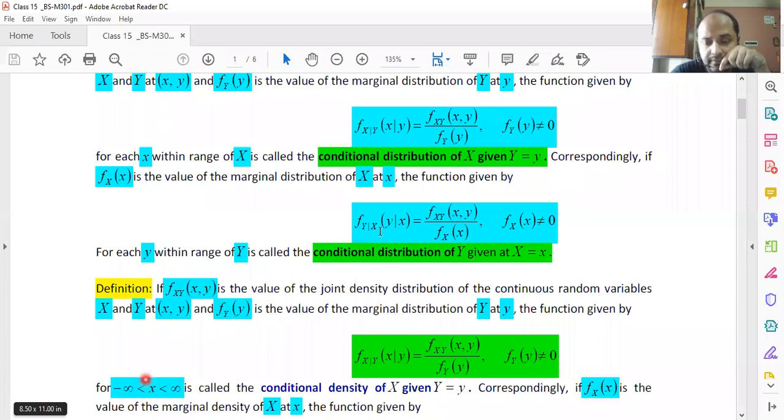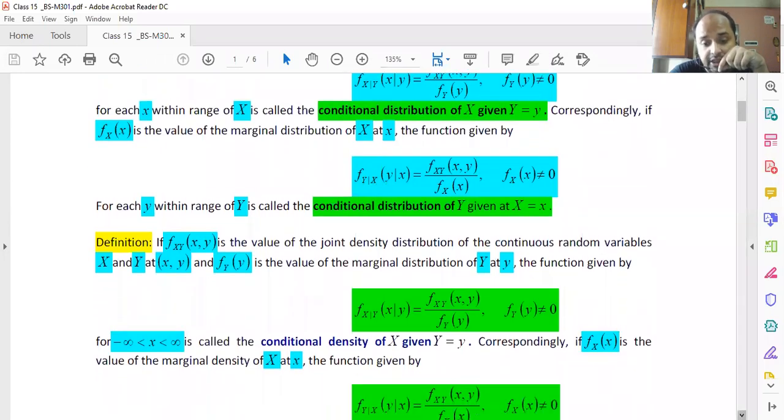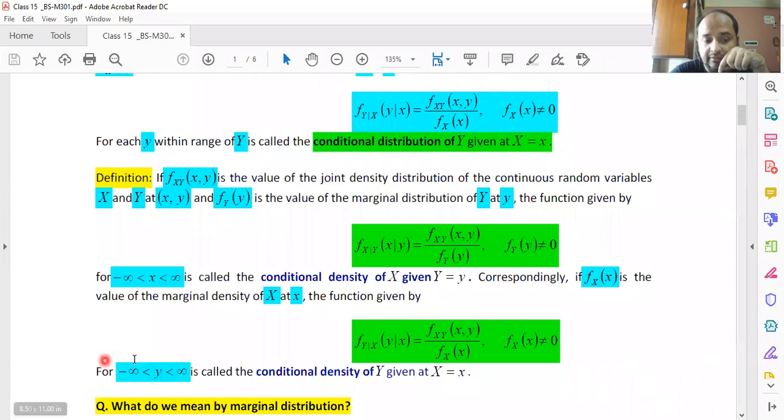Similarly, if you denote this as the conditional distribution of capital Y given capital X equal to small x, here the range of the domain of small y has not been mentioned specifically. Then if you mention it specifically, as I have done here, that y is taking the values -infinity to +infinity, then you see the portion marked blue here and the portion marked green here, they are similar with respect to their expressions.